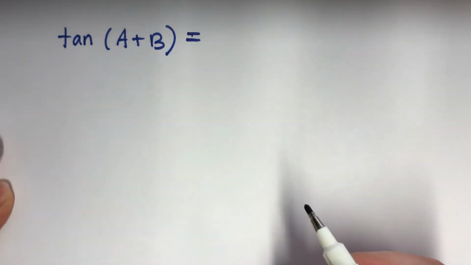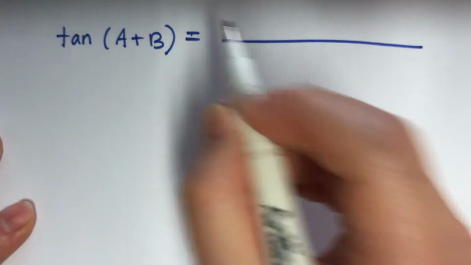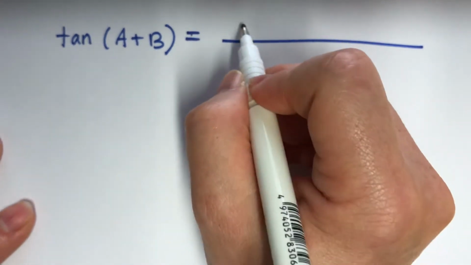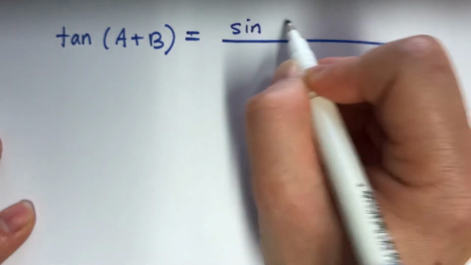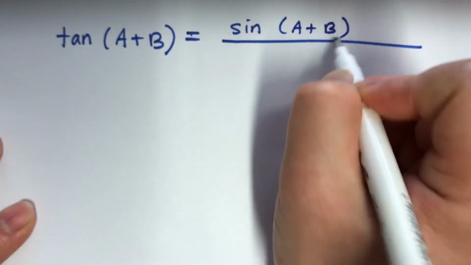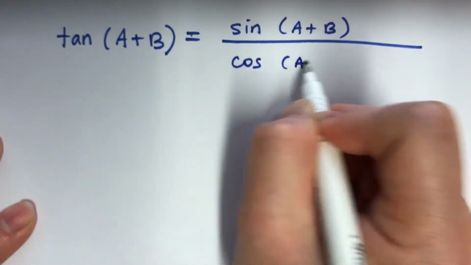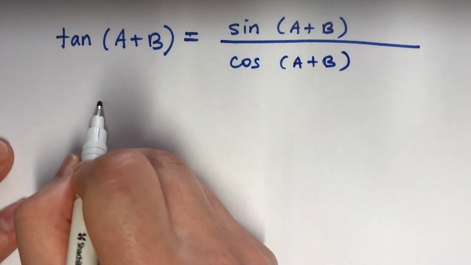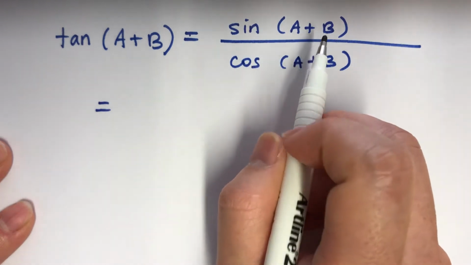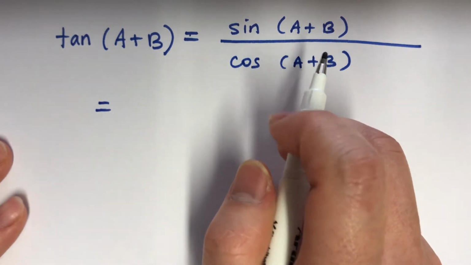Now if it's tan A plus B, the first trig identity will be what? Sine over cos. That's a tan, isn't it? So I'm going to go sine A plus B over cos A plus B. That's the same, right? That's not too bad. Now, do you remember the sum identity there?